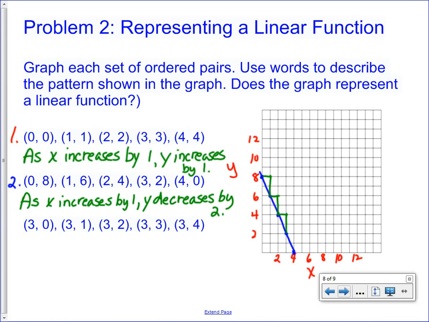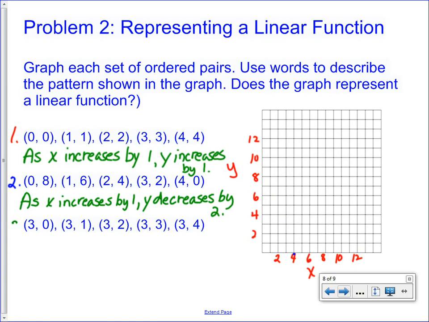Here, as opposed to number 1, which was increasing, number 2 is a graph where as x is increasing, y is decreasing. All right, so I'm going to erase that.